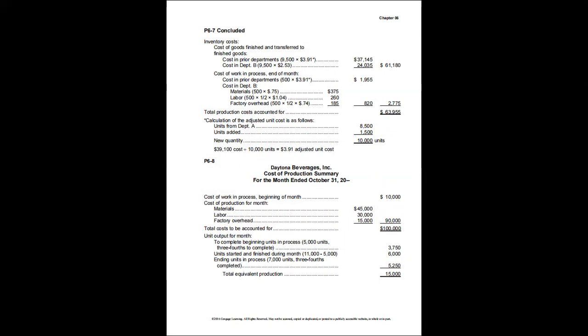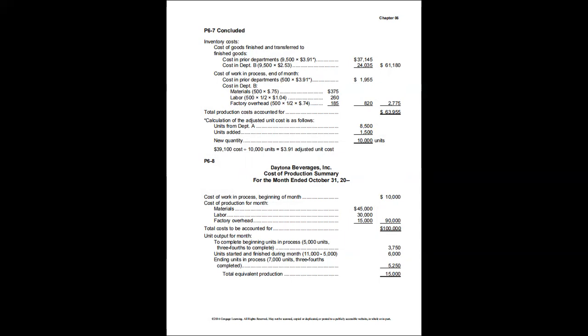That's the adjusted unit cost. And to 8,500, we are adding 1,500 units. So the new quantity is 10,000 units in Department B in lieu of 8,500 units.